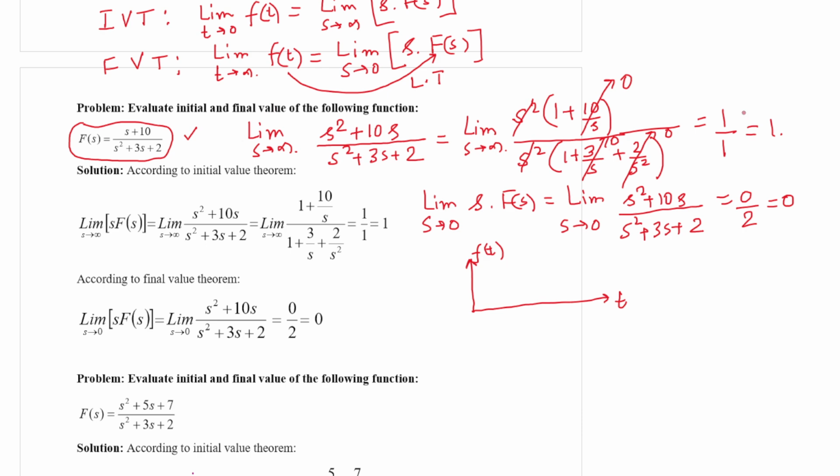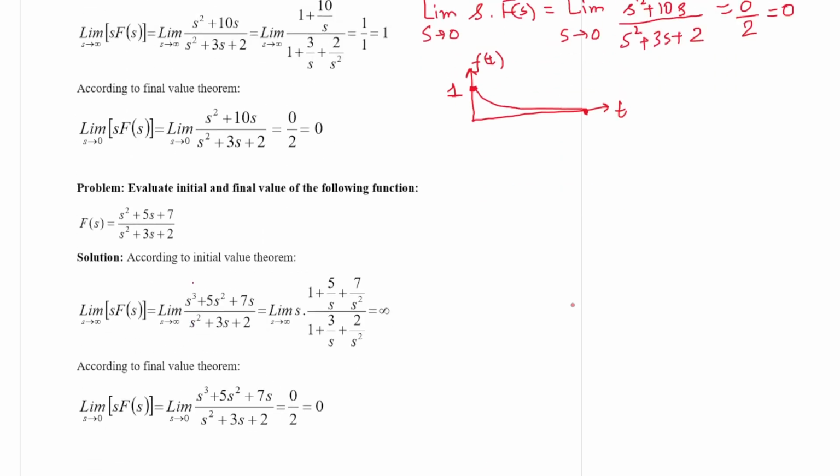From the initial value theorem the function value is 1 at t is equal to 0, and it has a value of 0 at t is equal to infinity, the final value. So the trajectory is roughly like this. The trajectory is not important, but it starts with an initial value of 1 and ends with a final value of 0. That is the meaning.